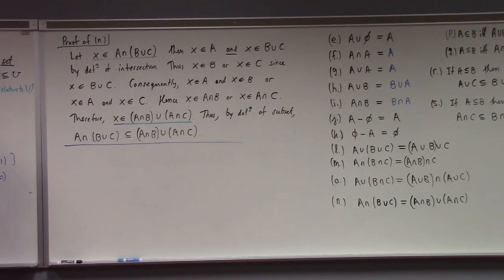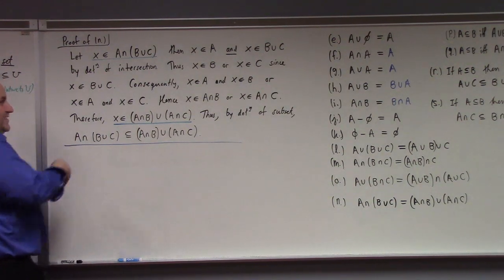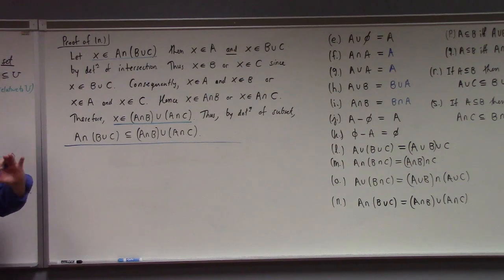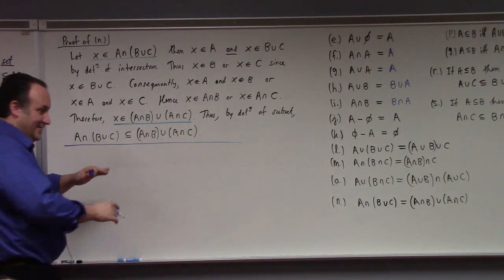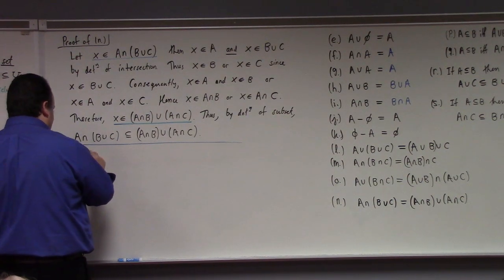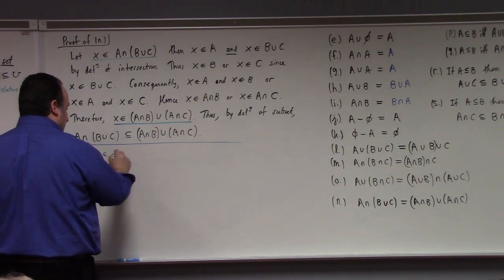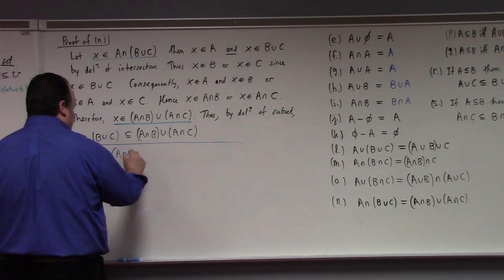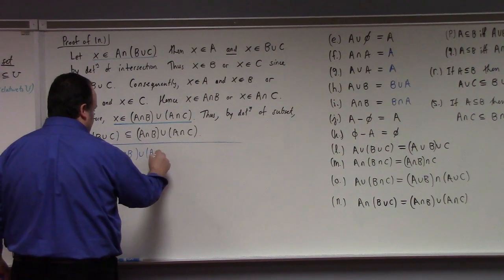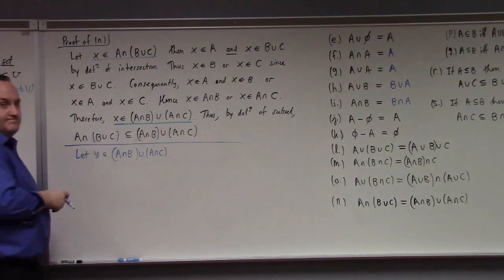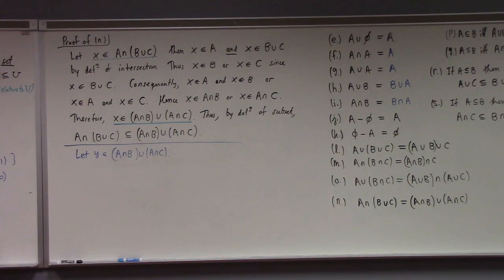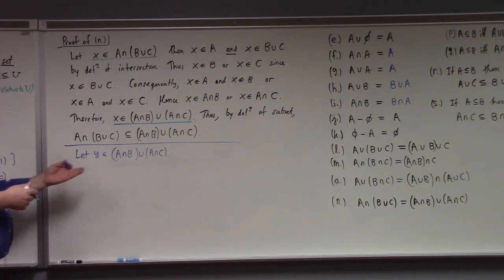Double contained, right? So we need to pick X where. Or you don't want to use X, I'm going to just flip the script. Y, we're going to use Y. Let Y, check this out, be an element of A intersect B unioned with A intersect C, right? So now we start on the other side of the alleged equal sets, right? Pick it in there. What's this mean?